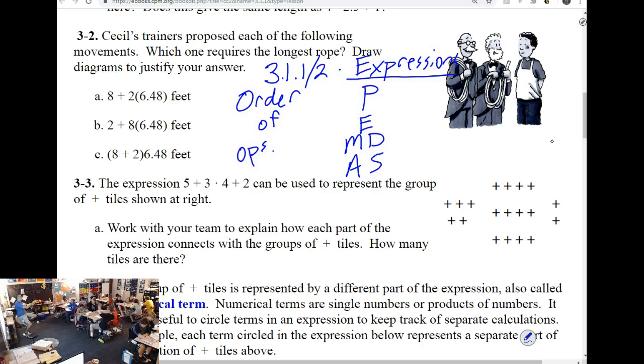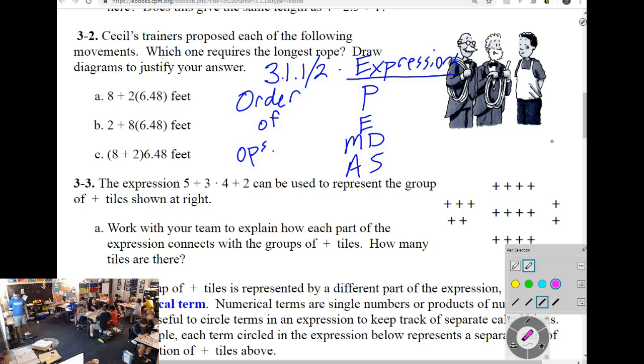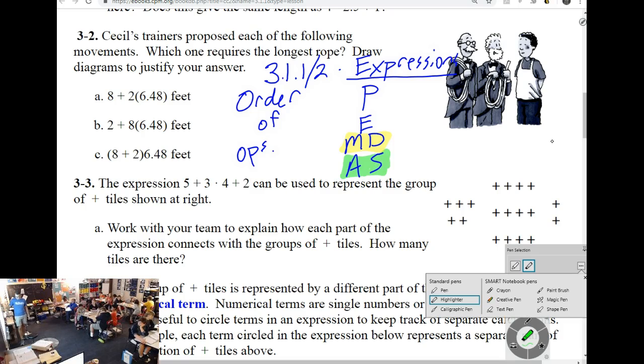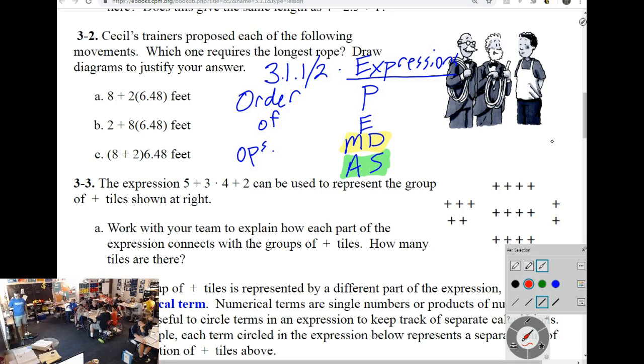It goes parentheses and exponents, and then multiplication or division, whichever comes first in the problem, and same with addition and subtraction. What do I keep saying that's kind of mind-blowing? There's no such thing as division, and there's no such thing as subtraction.